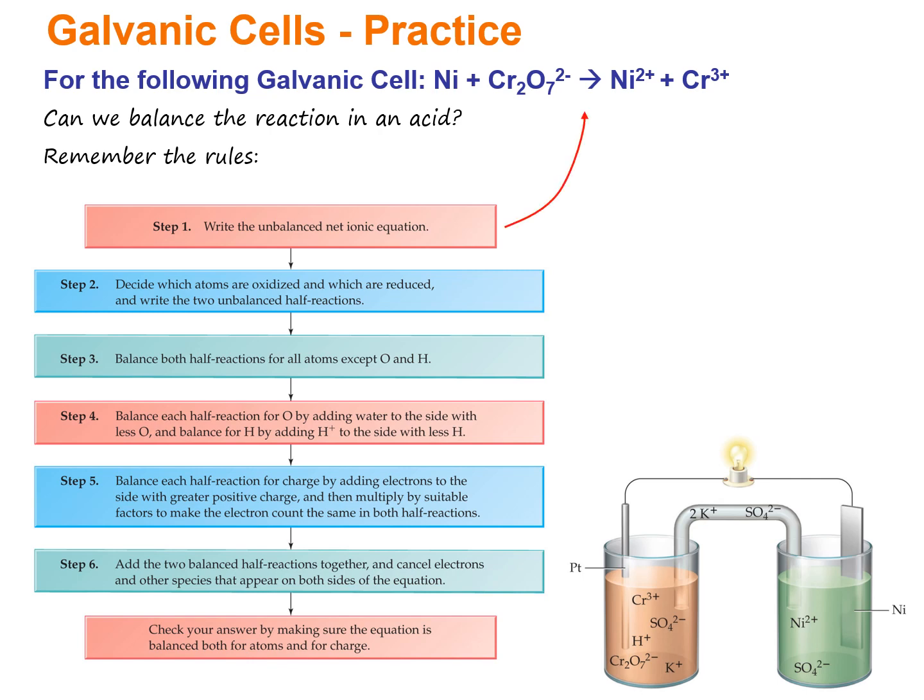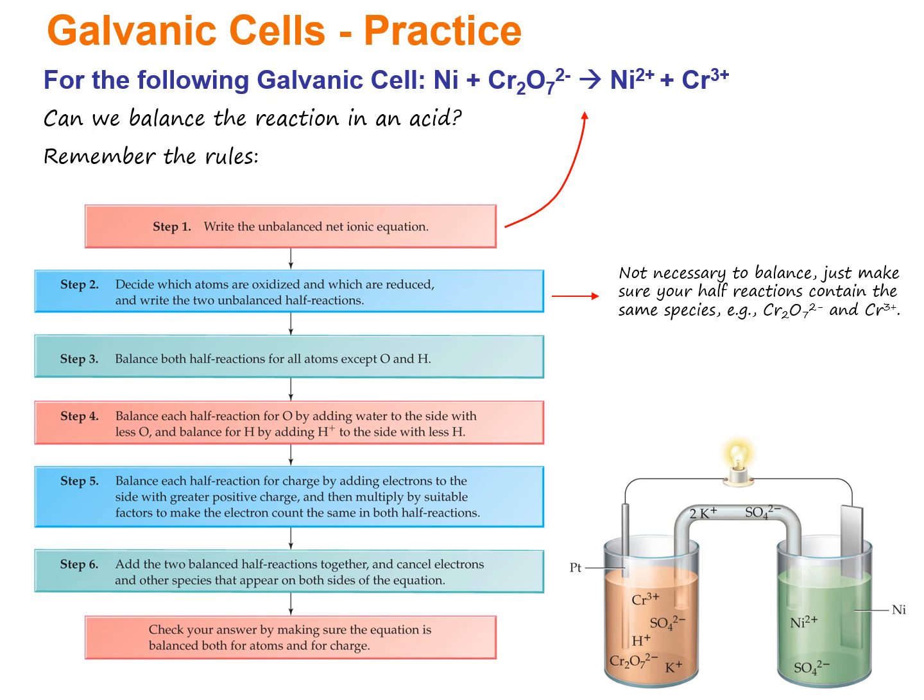That's what you're seeing above here with the nickel going to nickel 2+, the dichromate going to chromium. The second thing is to decide which atoms are oxidized, which are reduced, and write the two unbalanced half reactions. It's not totally necessary to figure out which one's reduced and which is oxidized to balance the reaction. We can figure out those labels later if we need them.